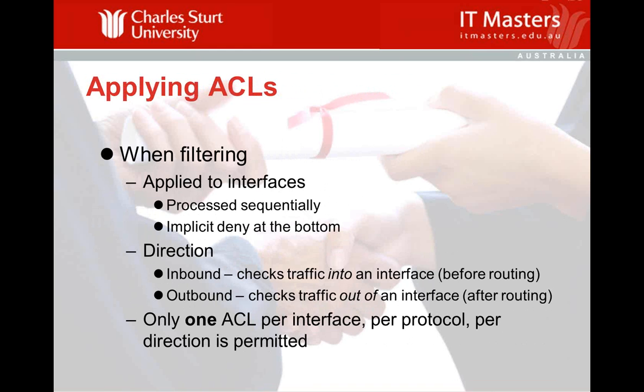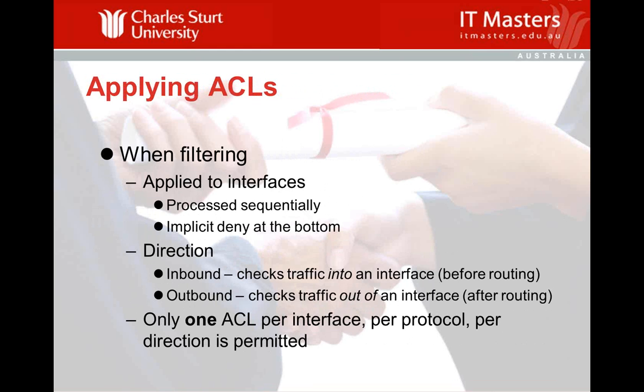ACLs also have a direction, inbound and outbound. Inbound means the ACL will be processed and the traffic checked before routing, as the traffic goes into an interface. When we say into an interface, it doesn't necessarily mean coming from somewhere external.